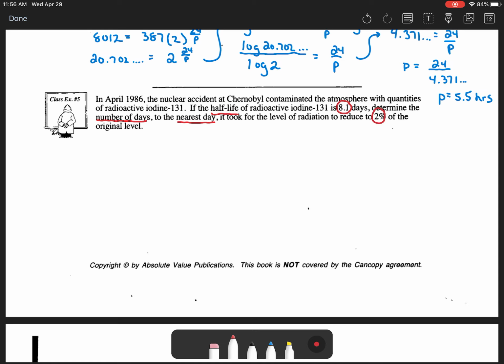Now, in this question, and again, I think we should put a star beside this one, because it is really important. The reason this one's so important is because if you notice, I didn't highlight any starting amount or any final amount. And they do that on purpose. The reason they don't have to do that is because it really doesn't matter if I know that I'm reducing to 2% of the original amount.